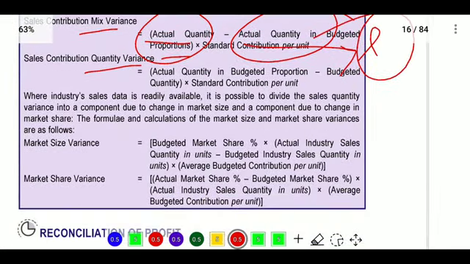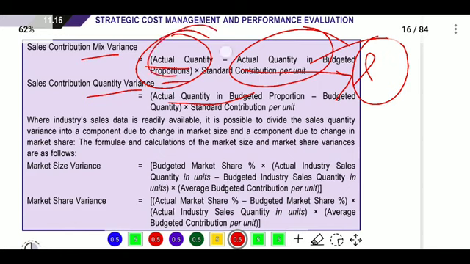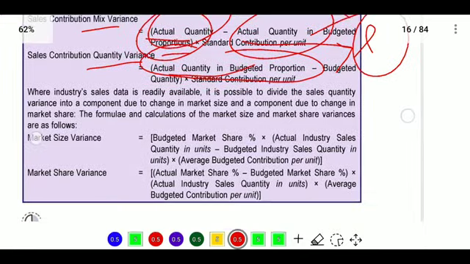Next, sales contribution quantity variance: first we take actual quantity in budgeted proportion minus budgeted quantity into standard contribution per unit. So when mix variance is there, first we take actual quantity, and quantity variance means actual quantity in budgeted proportion minus budgeted quantity.